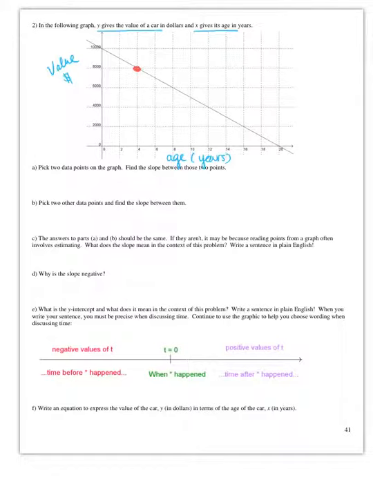So the first point I pick is (4, 8,000). The second point, (12, 4,000). We can use those points to find the slope.